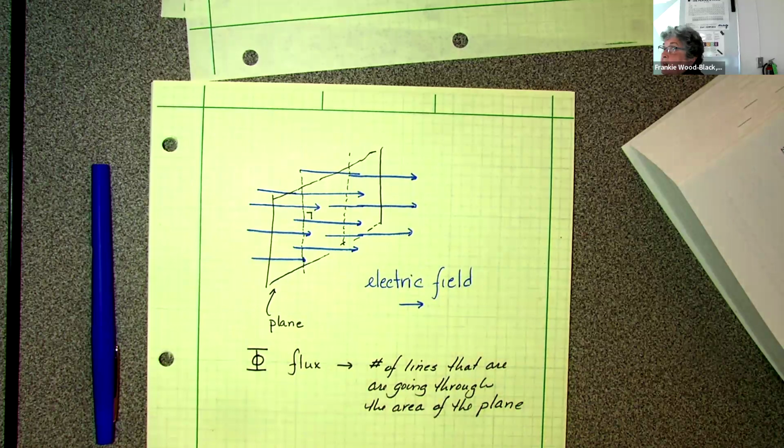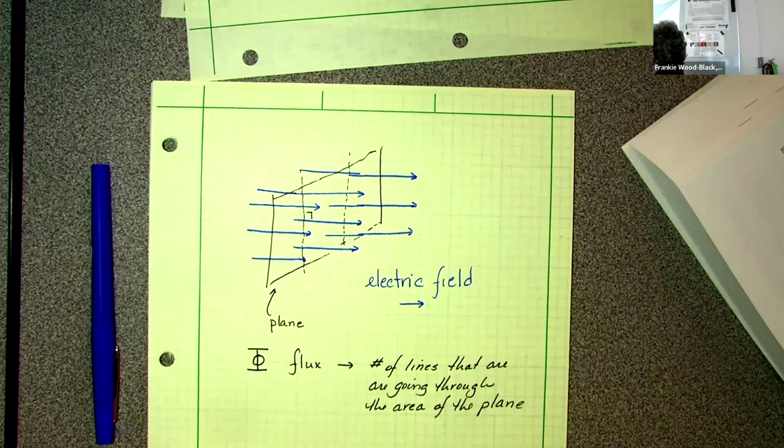So I've got that plane that's bisecting it. It's perpendicular right now as we've drawn it. And we have that area of the plane. And that's going to be our electric flux.